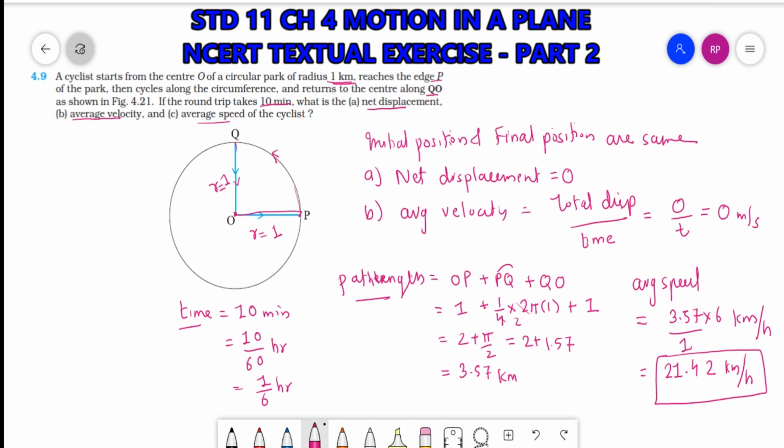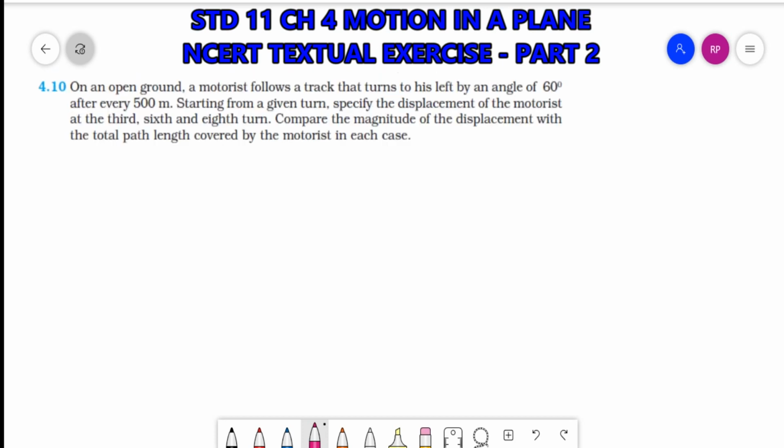Now let's move to the next one, that is 4.10. On an open ground, a motorcyclist follows a track that turns to his left by an angle of 60 degrees after every 500 meter.